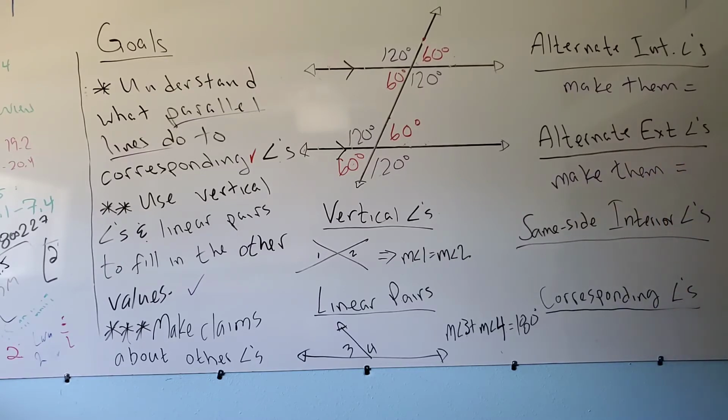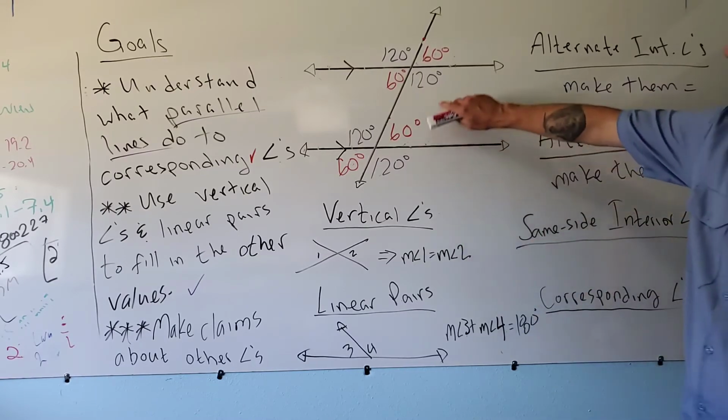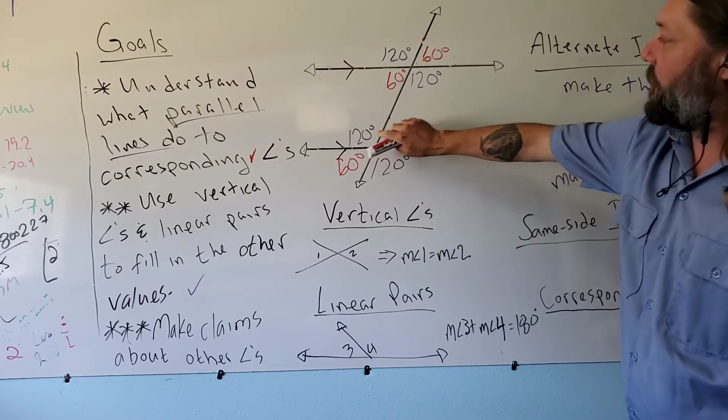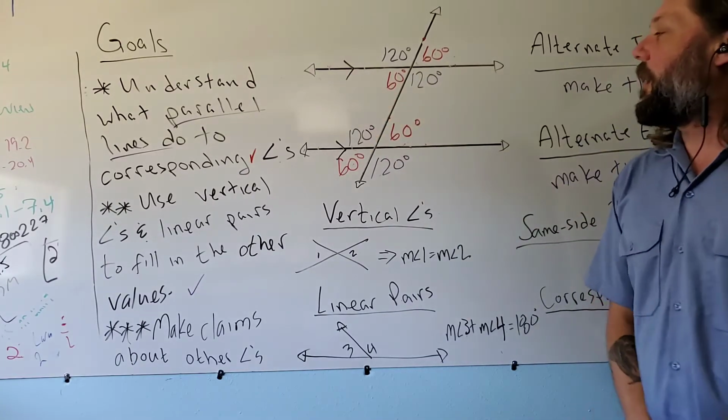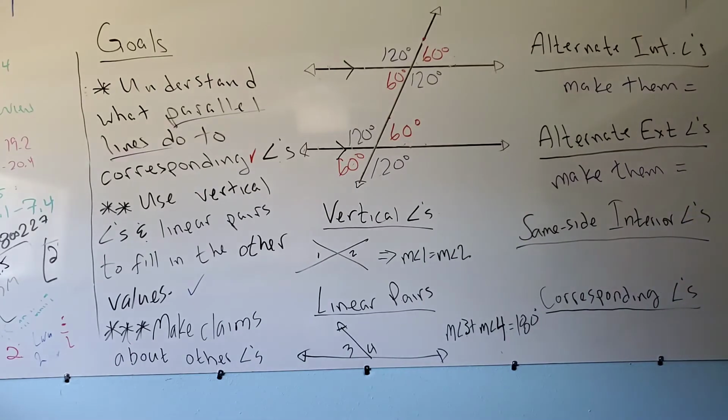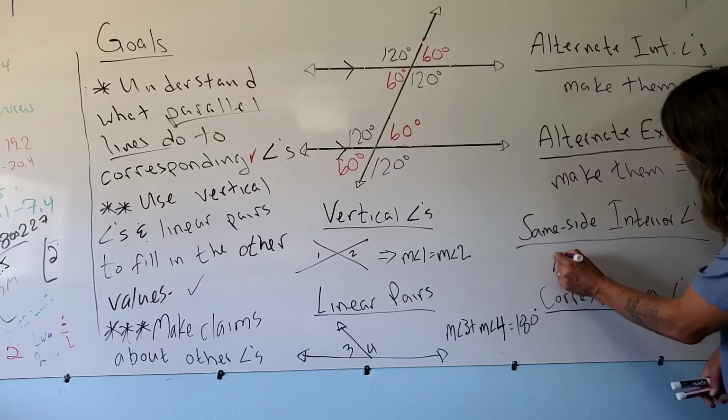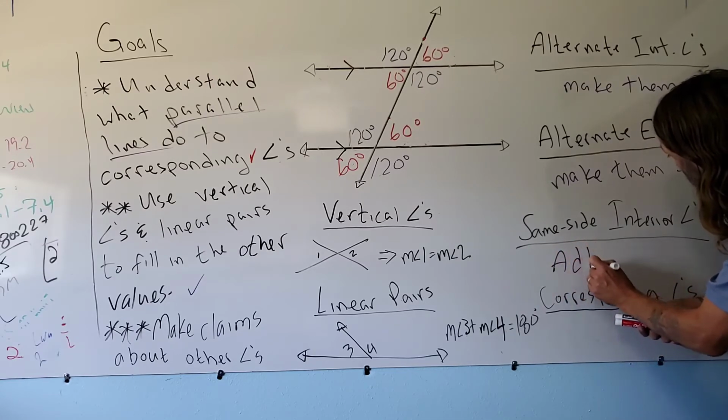Same side interior angles. So this 120 and this 60 and this 120 and this 60, they will always add up to 180 degrees. We call that supplementary. So when the lines are parallel, same side interior angles add to 180 degrees.